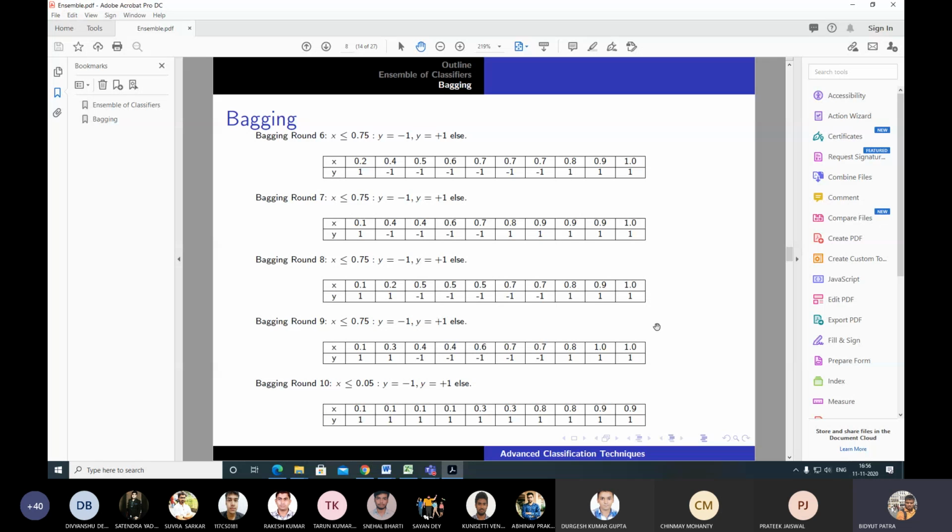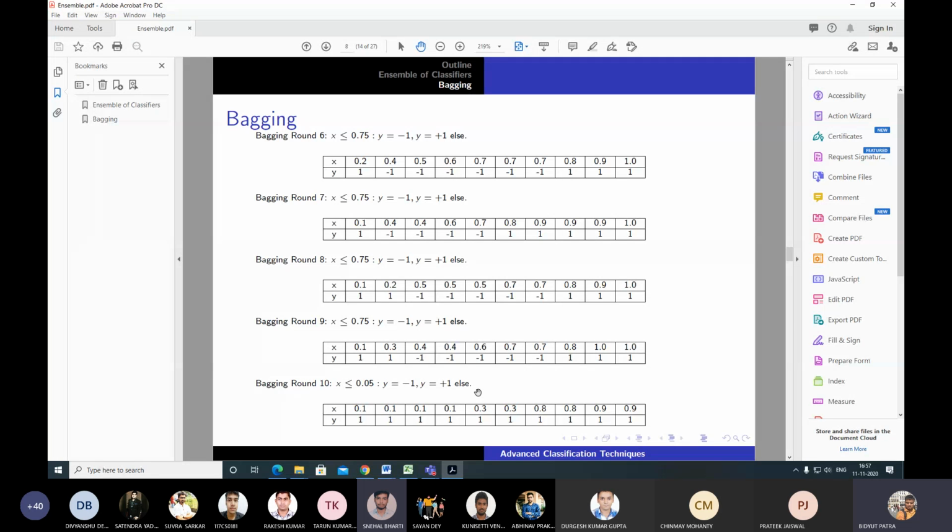Either you take lesser than 1 as the positive class, or you say above this one is the positive class. So x lesser than 0.05 is the negative class. This side is negative and above this one is positive. So this is another decision stump. Do you have any doubt?